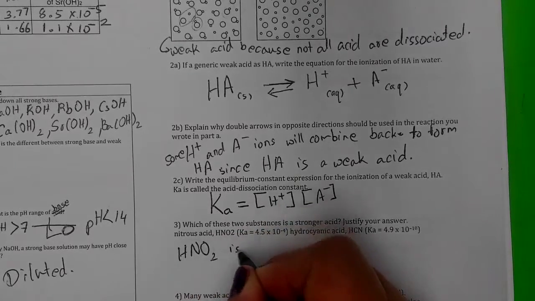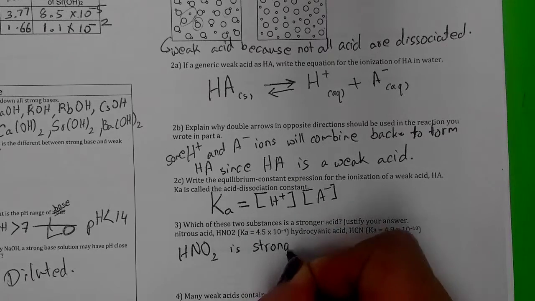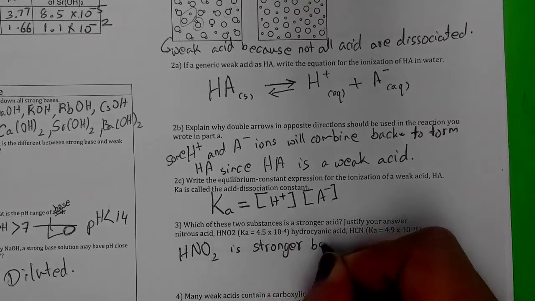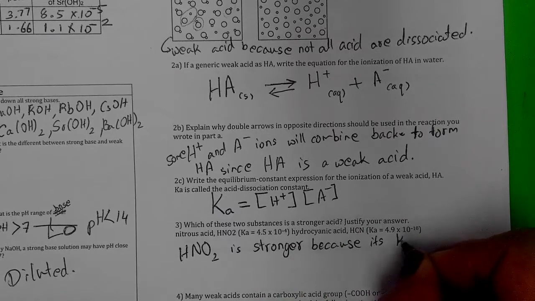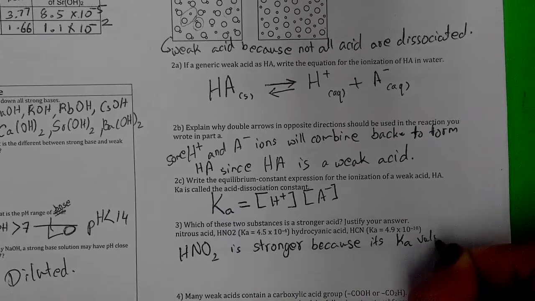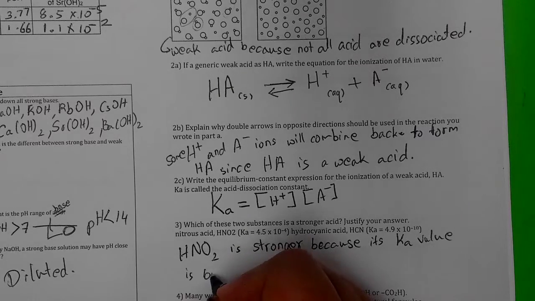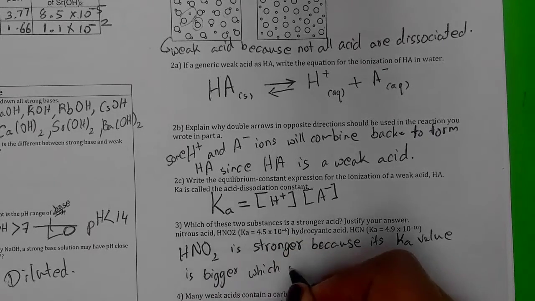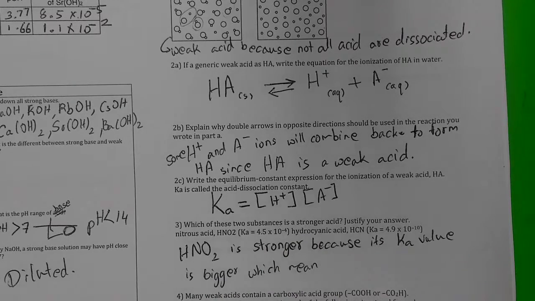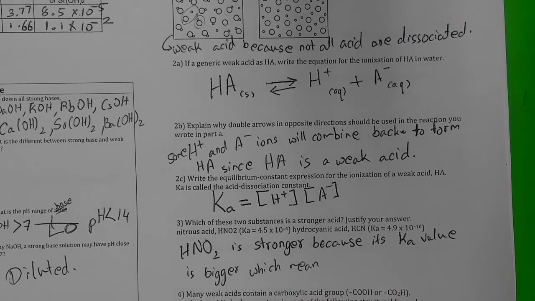Because the Ka value is bigger, which means, what does that mean? What does Ka value mean? Its ability to dissociate. Yeah, which means it dissociates more.